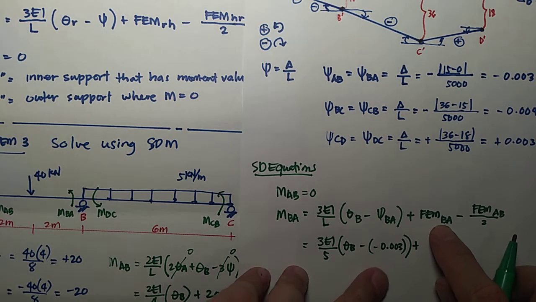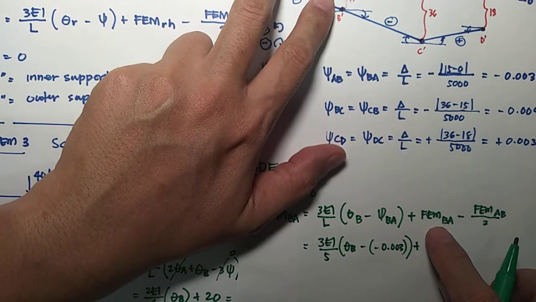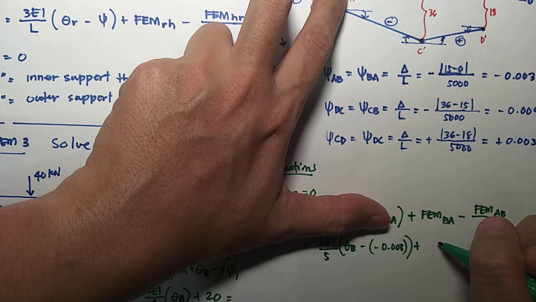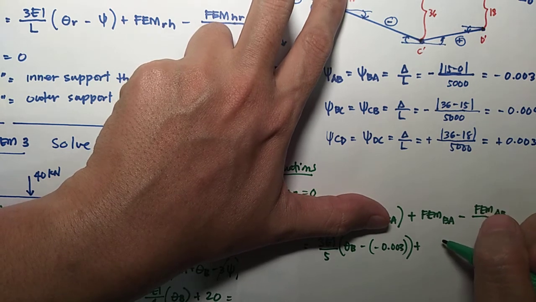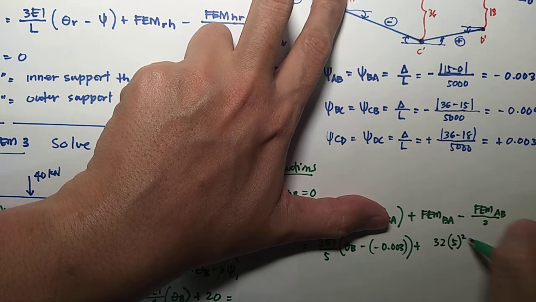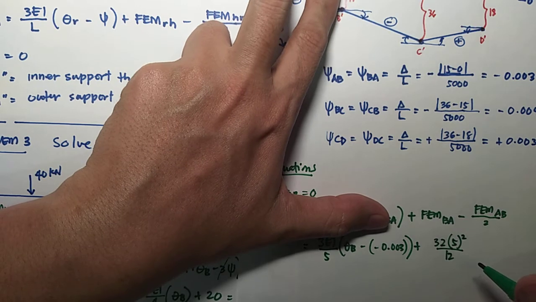The FEM for BA, diba uniform load? So, ano ang FEM pagka uniform load? Diba WL square over 12. W is 32. L is 5 square over 12. Diba? WL square over 12 ang fixed end moment pagka uniform yung load.